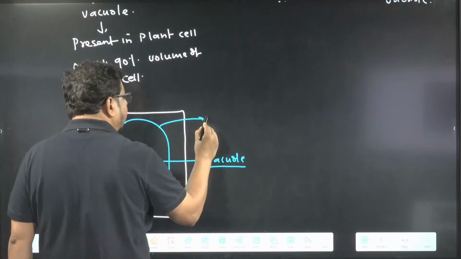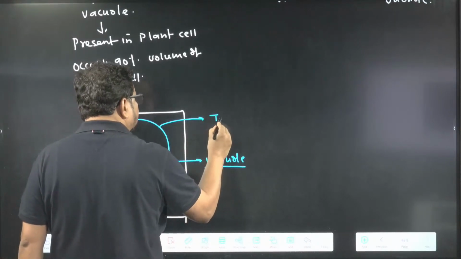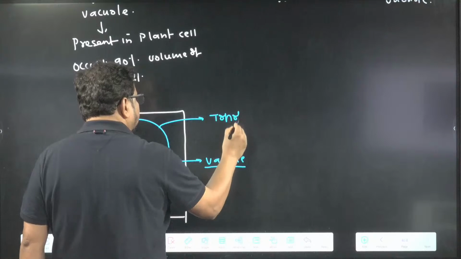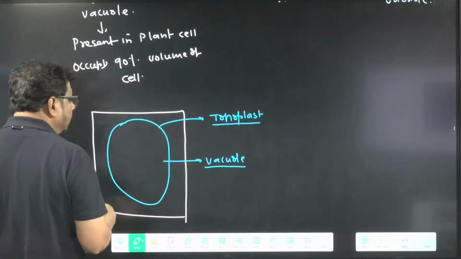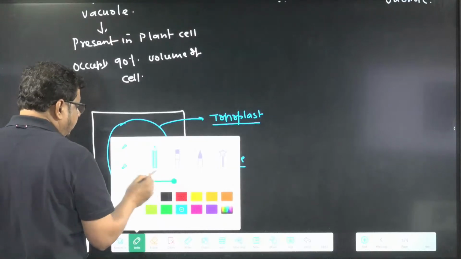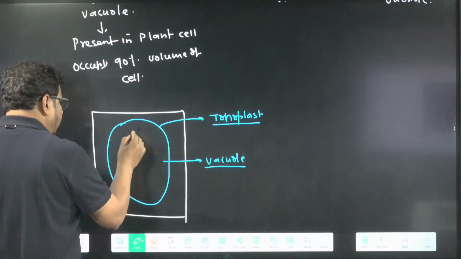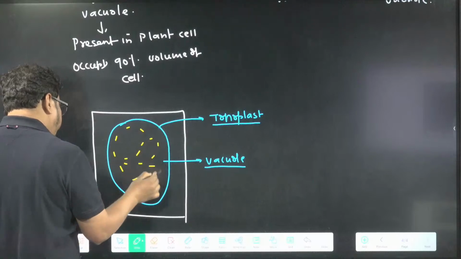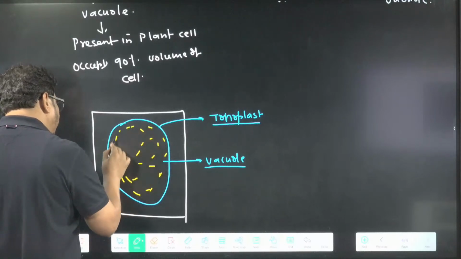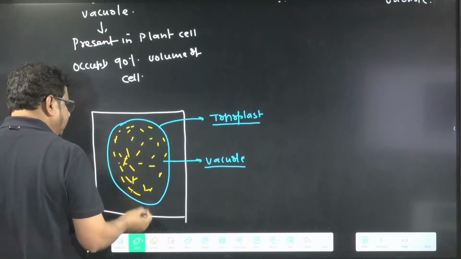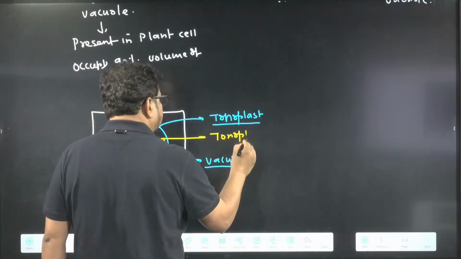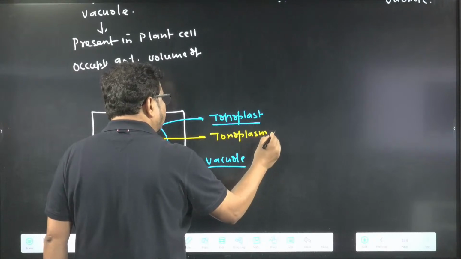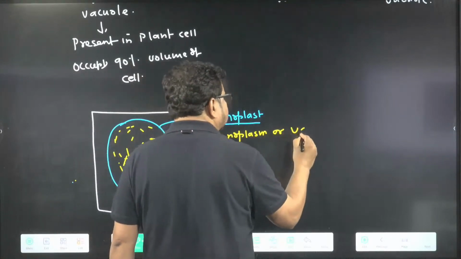One is the membrane, and the membrane of the vacuole is called tonoplast. What is tonoplast? It is the membrane of the vacuole, and the fluid present inside the membrane of the vacuole is called tonoplasm, or vacuolar sap.